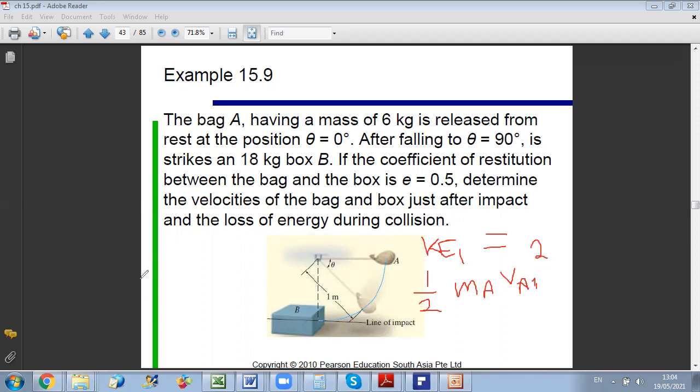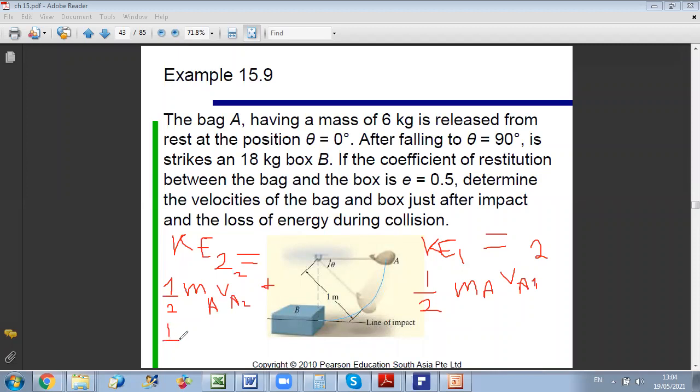While at the final state, KE2 will be equal to the summation of the kinetic energies of A and B, and it is equal to half MA VA2 squared plus half MB VB2 squared.